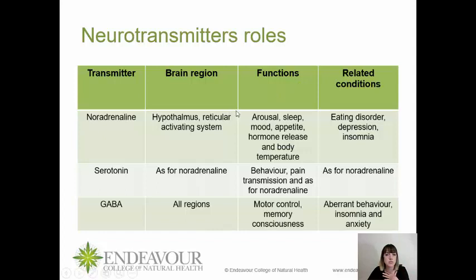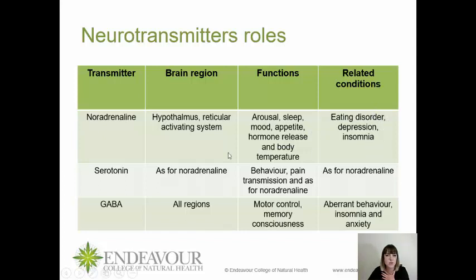Also essential throughout the reticular activating system, a series of nuclei through the brainstem that are responsible for arousal and for regulating attention to different sensory inputs. So noradrenaline has important roles in arousal, sleep, mood, appetite, hormone release, body temperature, much of that coming through what's happening with the hypothalamic neurons. We know that there's disturbances of noradrenaline in eating disorders, in depression and in insomnia.